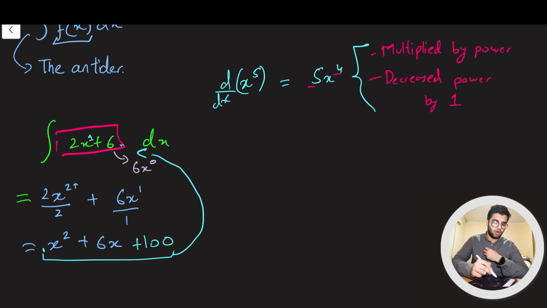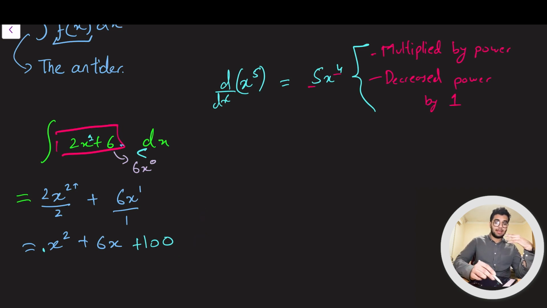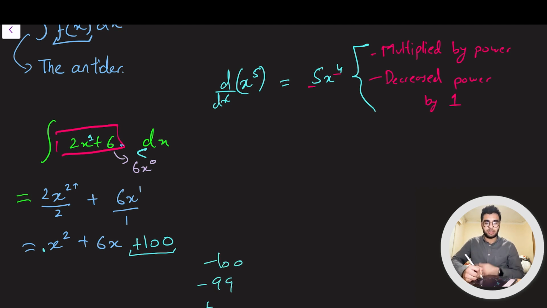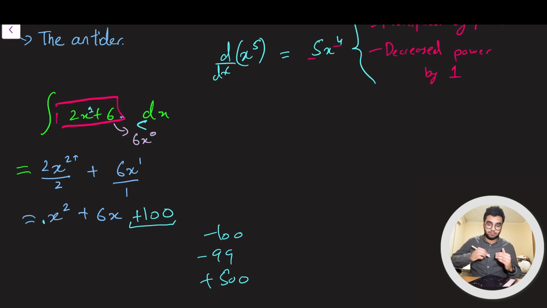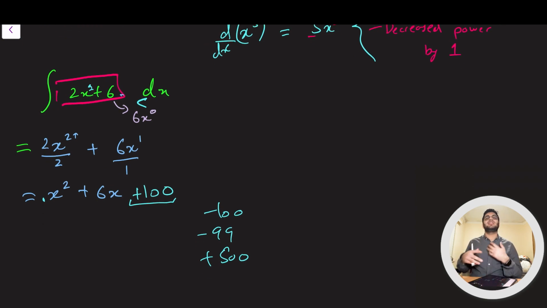So really, it doesn't matter what you have here. Every single thing that you can have here as a constant, whether it's negative 100, negative 99, positive 500, doesn't matter. Every single thing is derived to the same function, because these are all constants, they become 0 anyway.